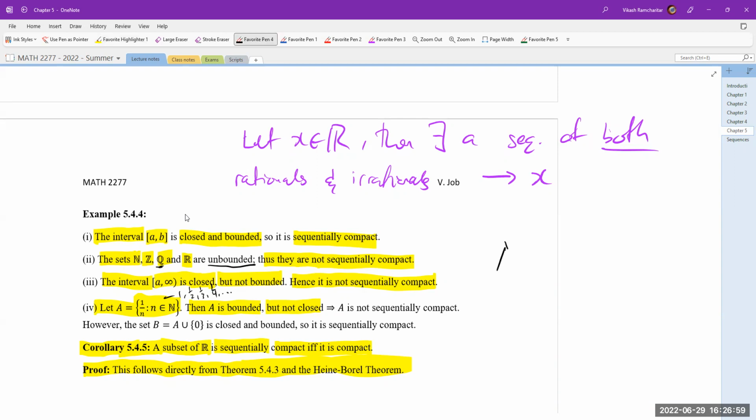Remember, for a set to be closed, the derived set must be contained inside of E. Or said another way, the closure must be equal to E. So this is not closed, so by Heine-Borel, it's not compact, so it's not sequentially compact. However, if I add 0 into the set, so that now it is closed and bounded, Heine-Borel tells me closed and bounded is compact, therefore it is now sequentially compact.